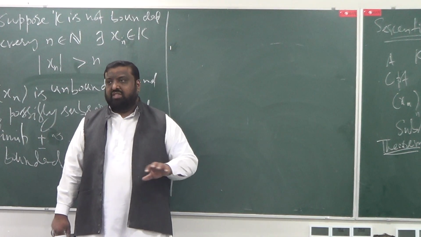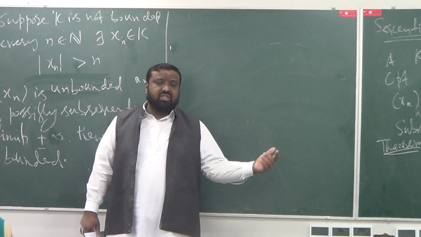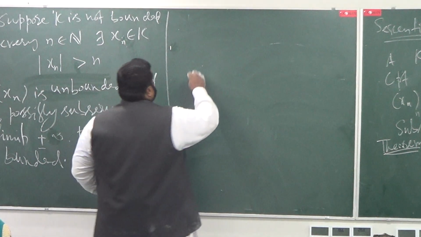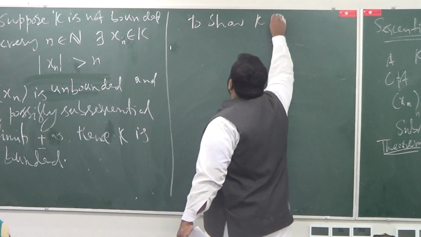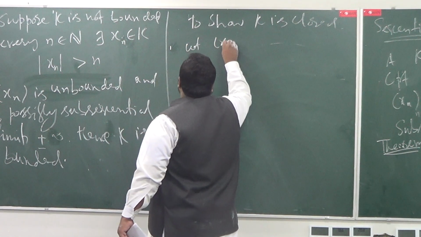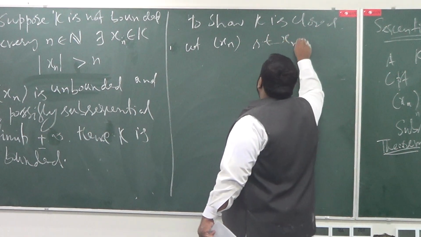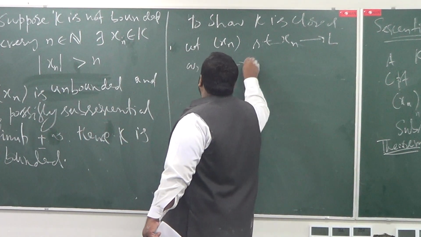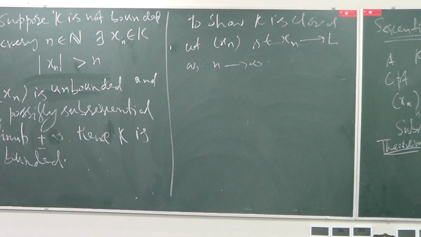In other words, if a sequence in K is converging to something X, then that X must belong to K. So to show K is closed, let's take a sequence xn such that xn converges to some L as n goes to infinity. Are you getting the point?